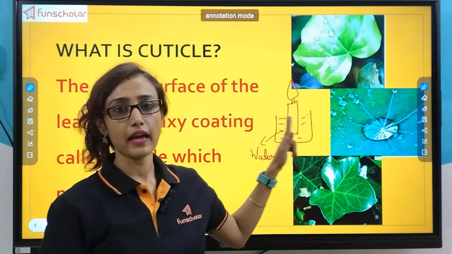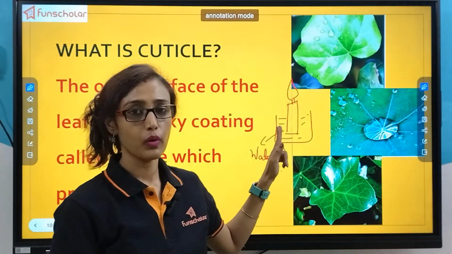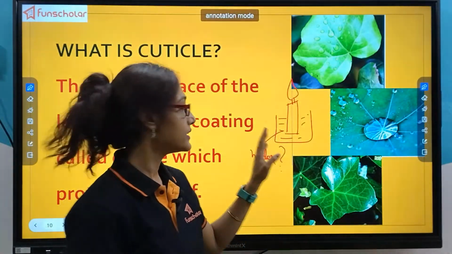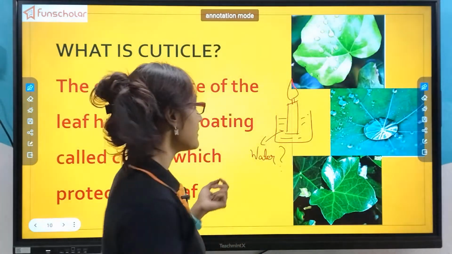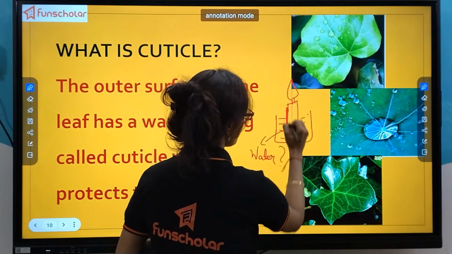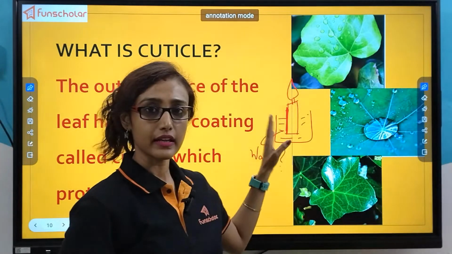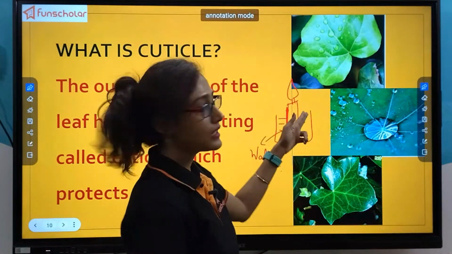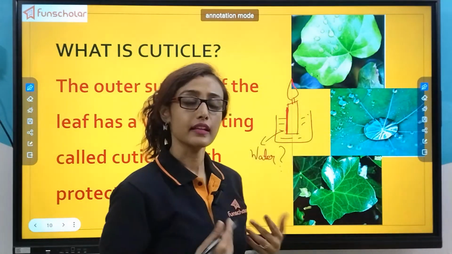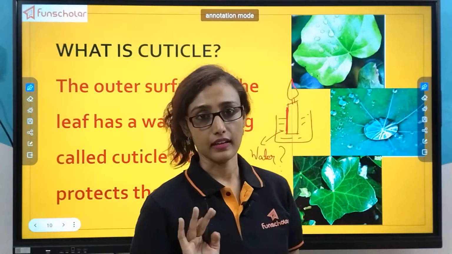Is the candle affected by the water? What do you think? No, the candle is not affected by the water. Why? Because it has a waxy coating. If you put the candle in water for a very long time and then take it out and put fire on it, the candle will light again.